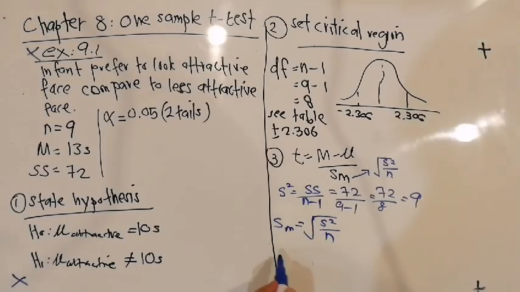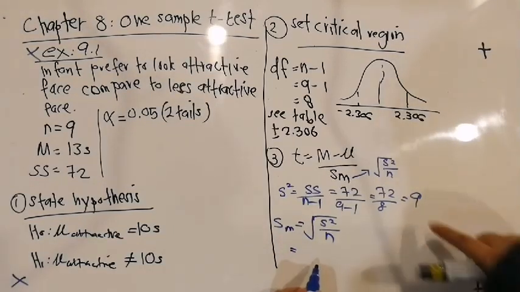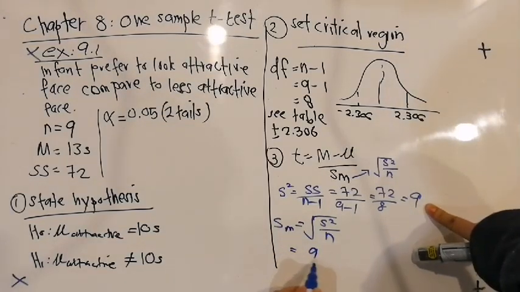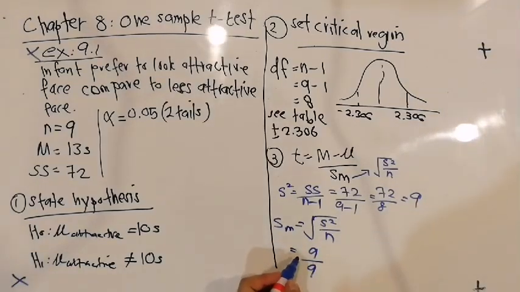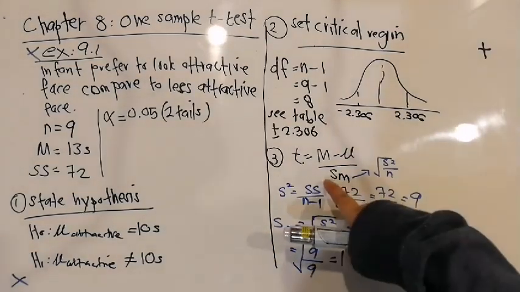So s squared here is 9 over 9, correct? Okay, so you get 1. So just put this 1 into the formula.